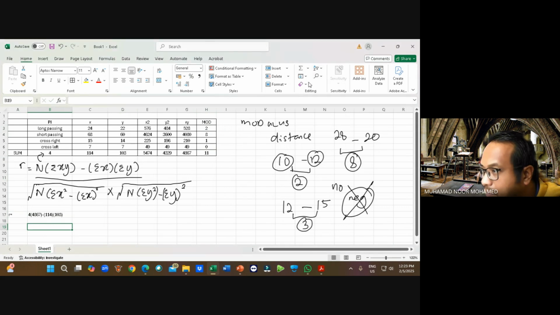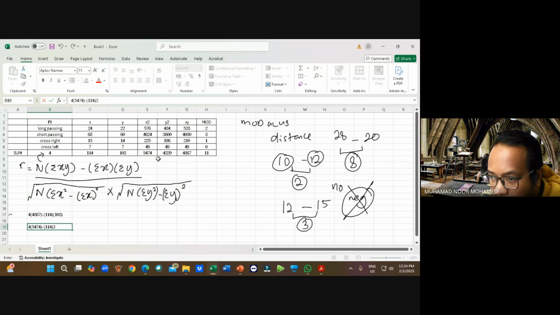We are going to divide by the square root of n, 4, times summation of x squared, which we take from here, 5474, minus summation of x, which is 114, squared, and then times n, which is 4, summation of y squared, 4329, minus 103 squared.